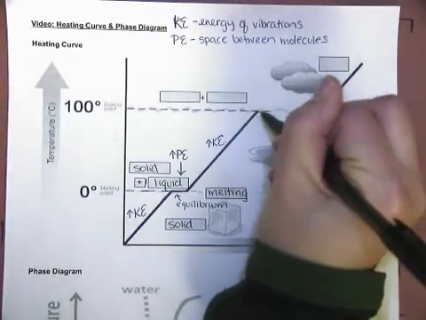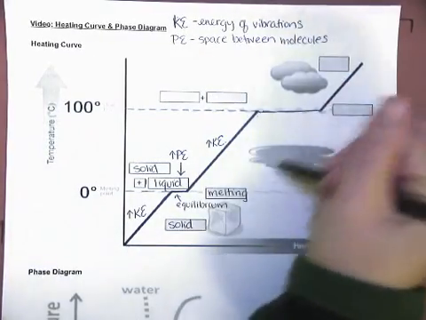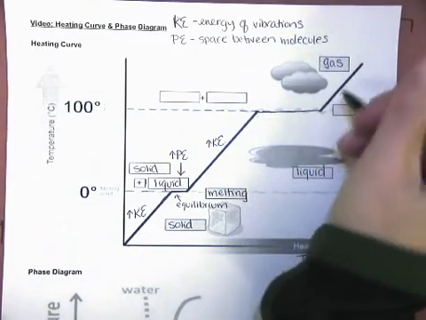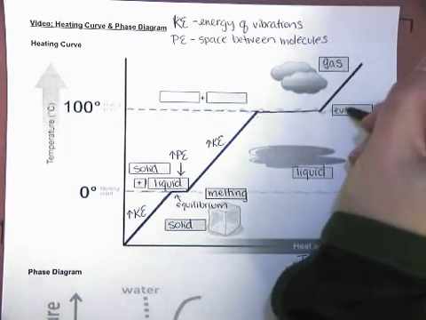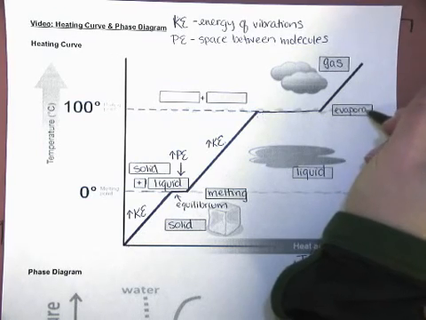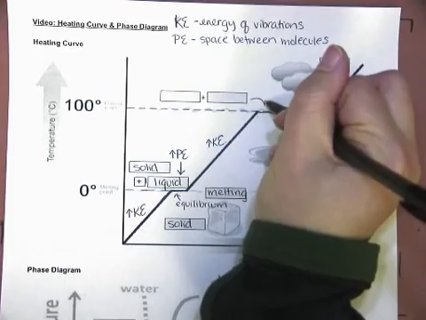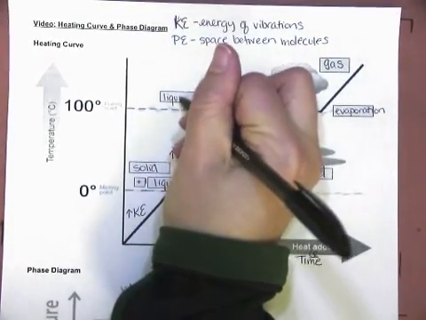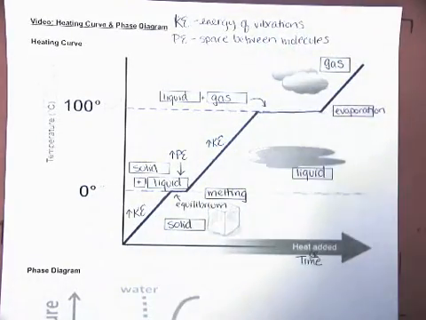And then I hit my second phase change here. Here I'm going from a liquid to now a gas. And the phase change between a liquid and a gas is evaporation. So that means on this line here, I have both liquid and I have gas happening at the same time.